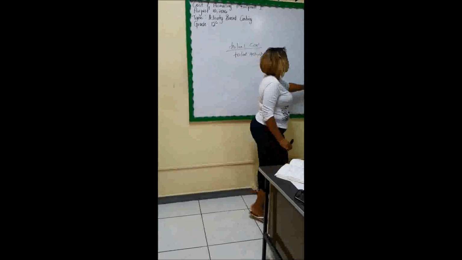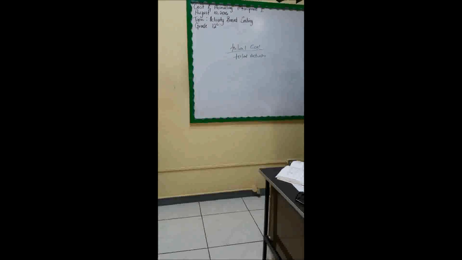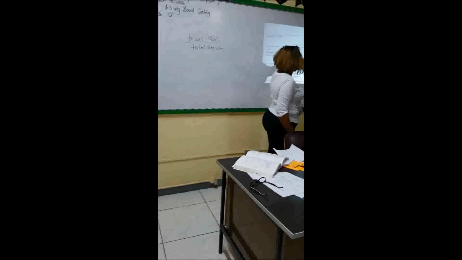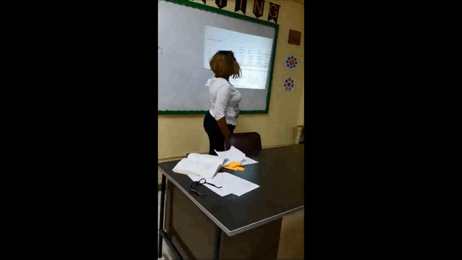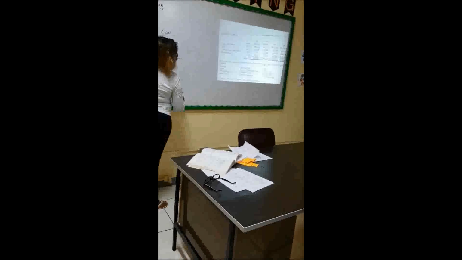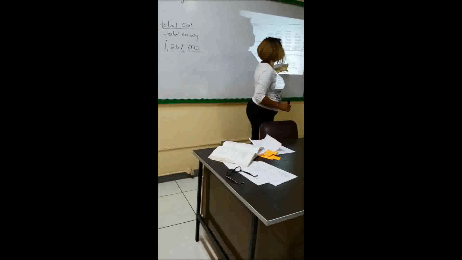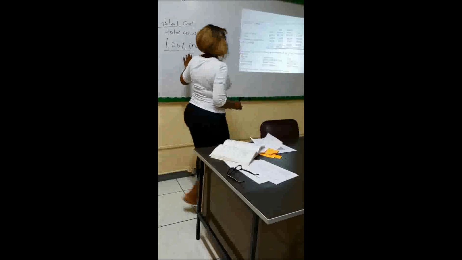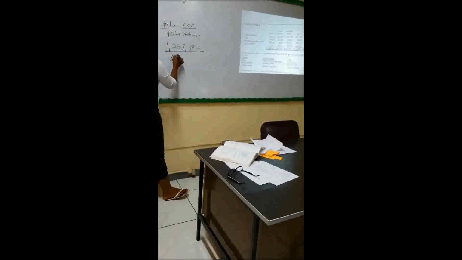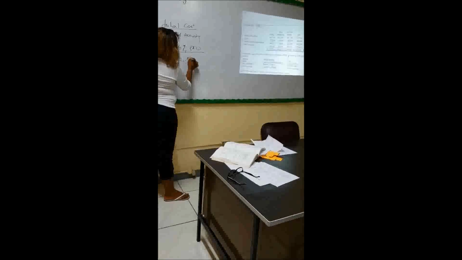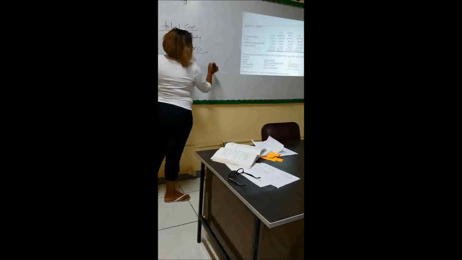Let us take the first one, which is volume. The total cost for volume is 1.267 million divided by the total number of direct hours, which is the activity, 100,000. Could you plug this in your calculator for me?